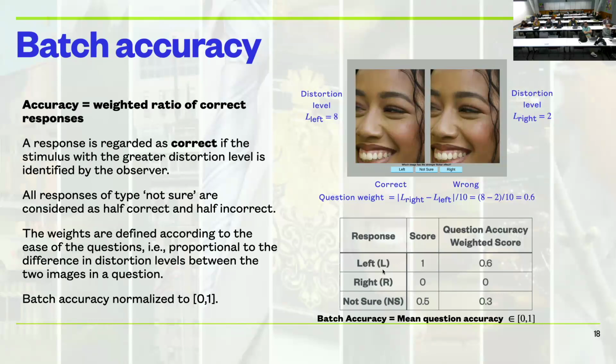If the response was left, the score is 1, the correct one. If the response was right, the score is 0, or if not sure, 0.5, and then it's weighted with 0.6. Then it's all added up together and normalized, and we have a batch accuracy scaled to the unit interval from 0 to 1. So every batch gets this accuracy from 0 to 1.